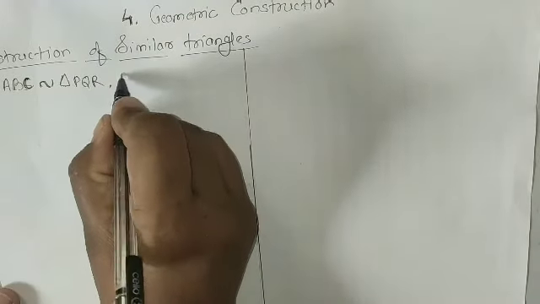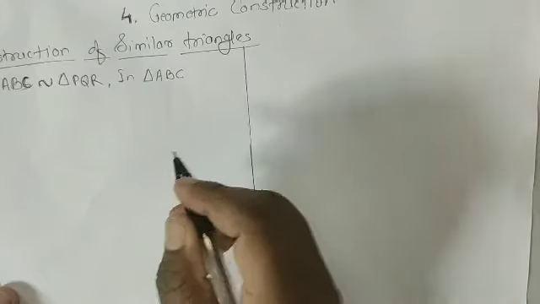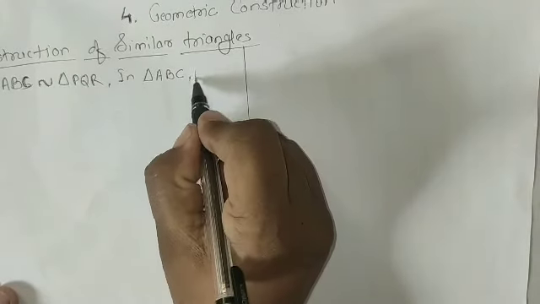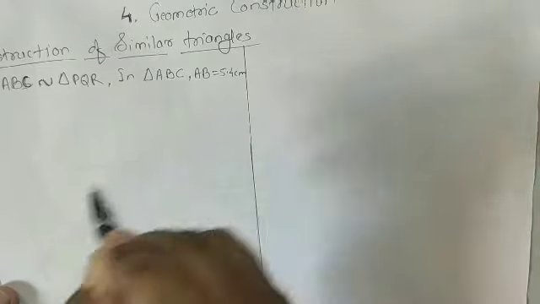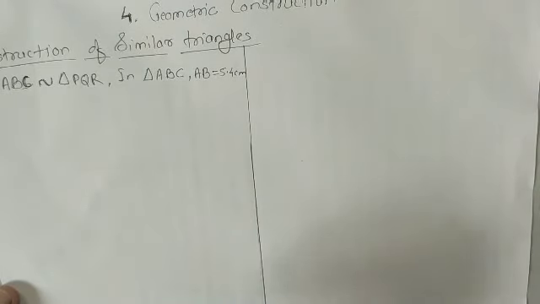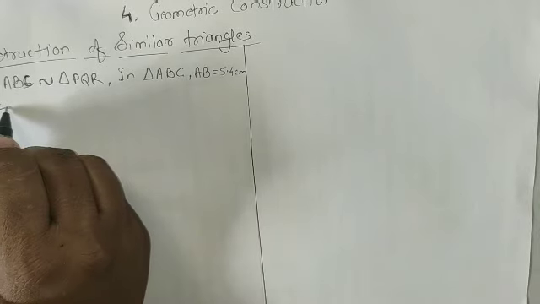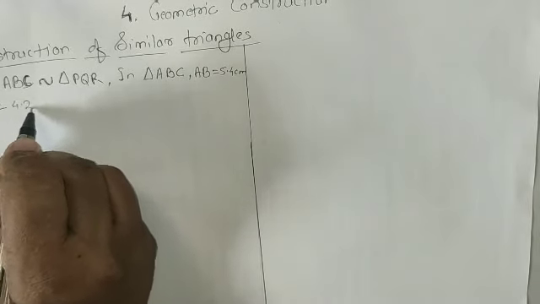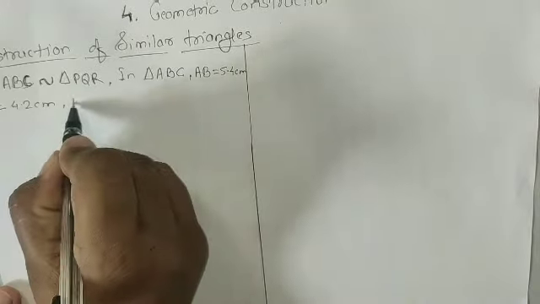In triangle ABC, AB equals 5.4 centimeter. BC is equal to 4.2 centimeter. AC is equal to 6 centimeter.